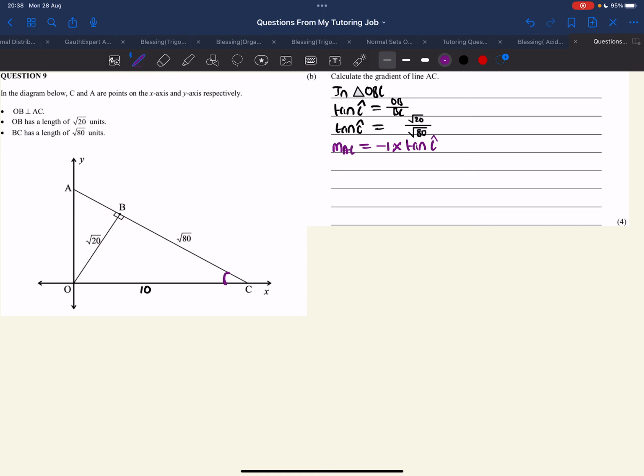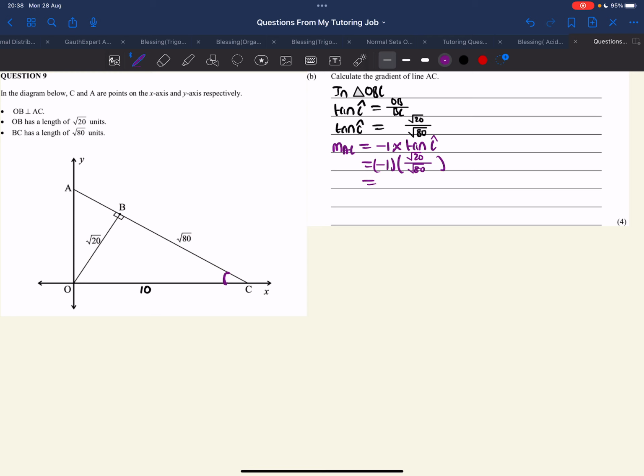Because the gradient of line AC has to be negative. Now, if we do that, we can say minus 1 multiplied by, remember, in our previous question we calculated that tan C is square root 20 over square root 80, right?